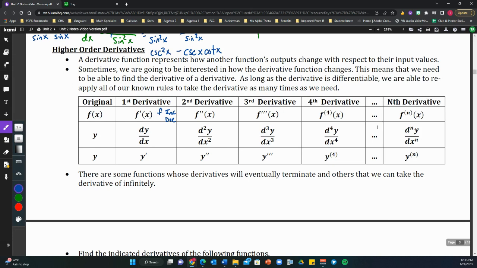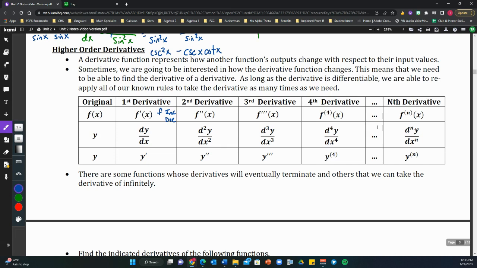The same is true for f triple prime, or the third derivative. But after that, we don't want to keep putting a ton of tick marks up top. So after the third derivative, you'll see just a little number within parentheses. It's important that you put parentheses up there so that we don't mistake it for some kind of exponent. Okay. Now, for y, there are two notations that have become customary. One is this dy dx notation.